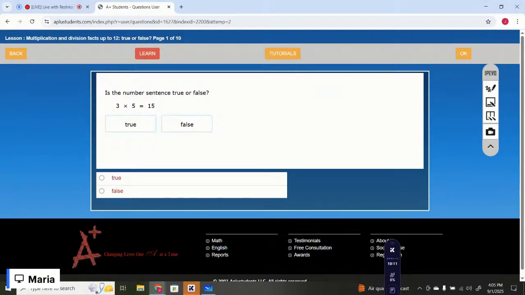Is the number sentence true or false? Three times 5 equals 15. True it is because both sides are exactly equal.